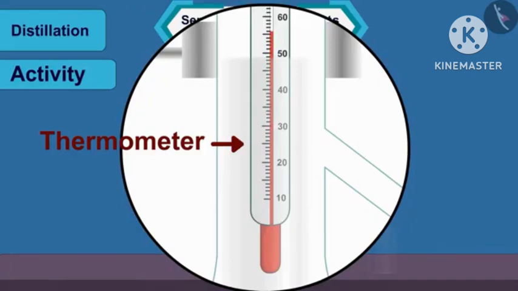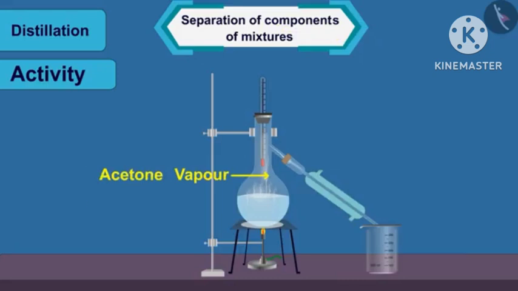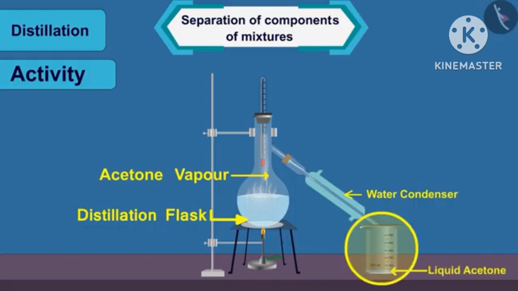Vapor of acetone appears to rise in the flask at approximately 56 degrees Celsius. This acetone vapor passes through the condenser, starts condensing and again accumulates in the beaker in the liquid phase.